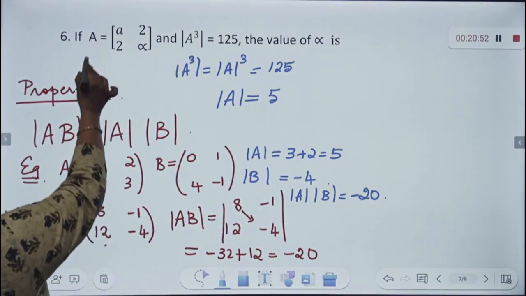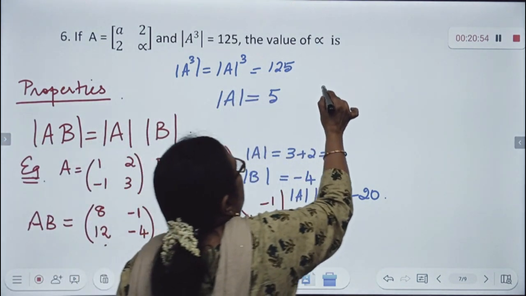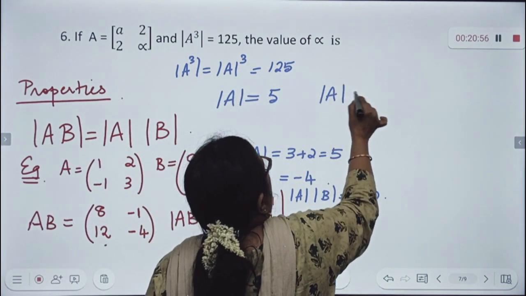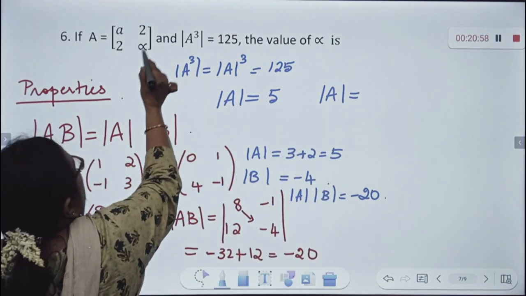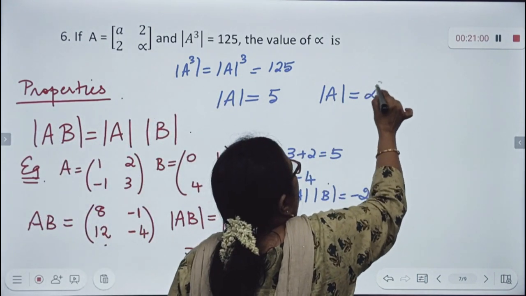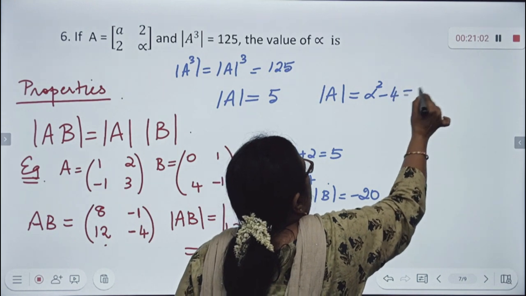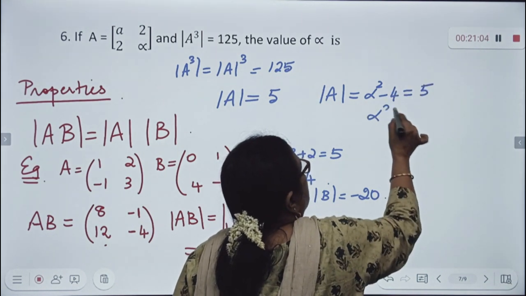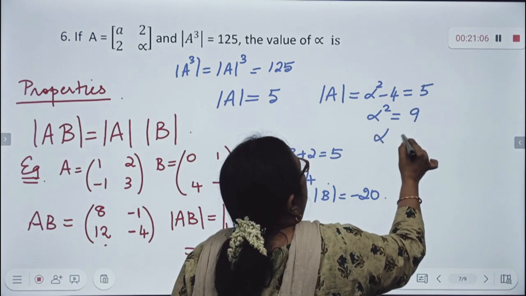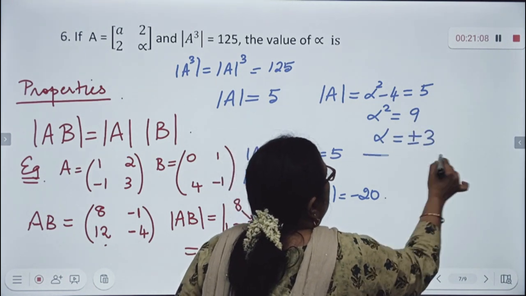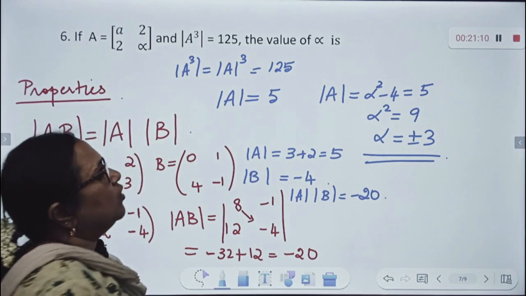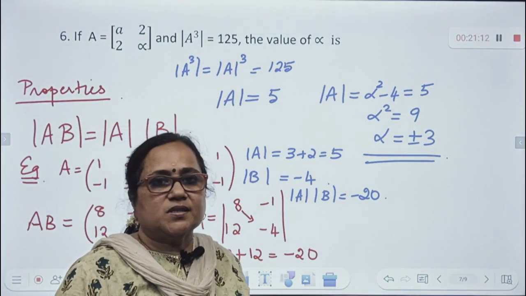Okay. Now what is determinant of A? Determinant of A is equal to alpha square minus 4, which is 5. So alpha square equal to 9 or alpha equal to plus or minus 3.